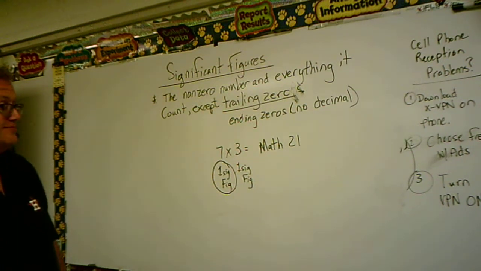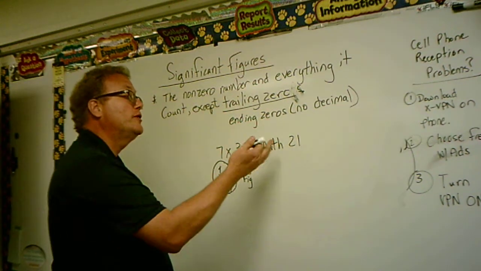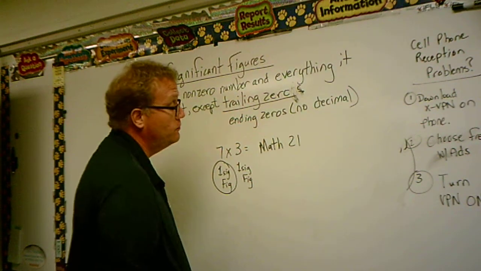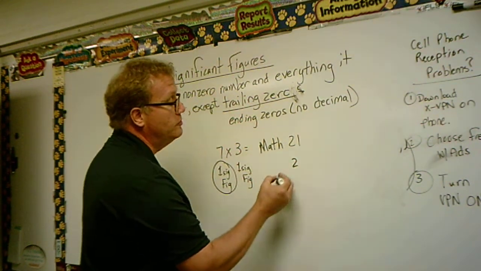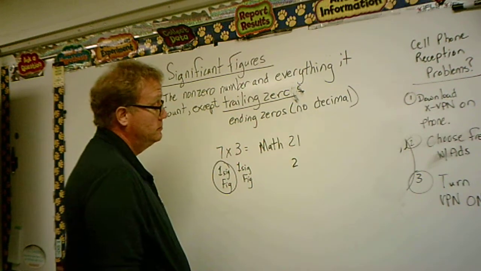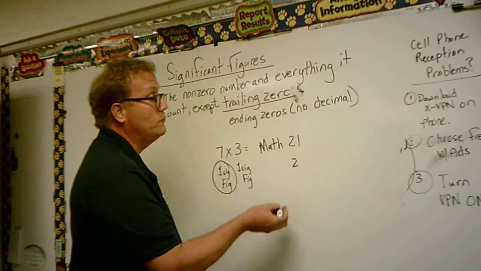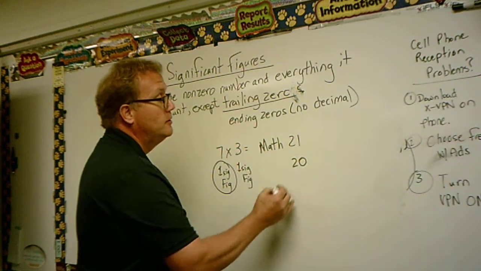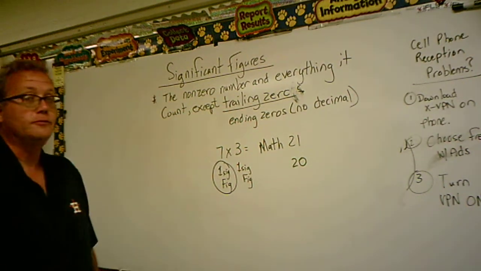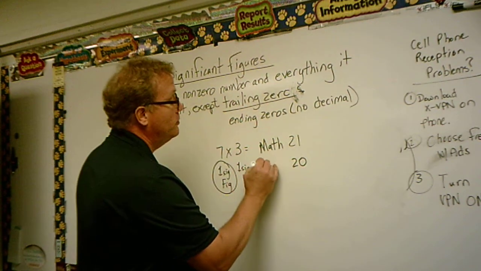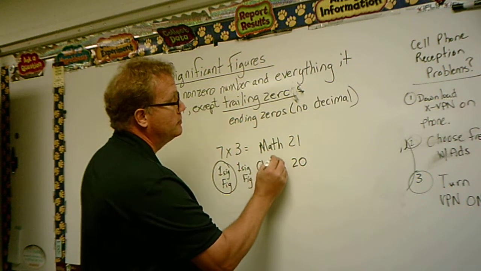Doesn't matter. Then you go over here and you say, well, what's my first significant figure? Well, it's 2. What do I have to put in the end in order to make it 1 significant figure? A trailing 0. Because now it makes it 20, which is my chemistry answer.